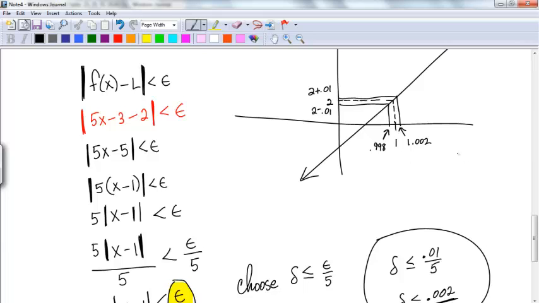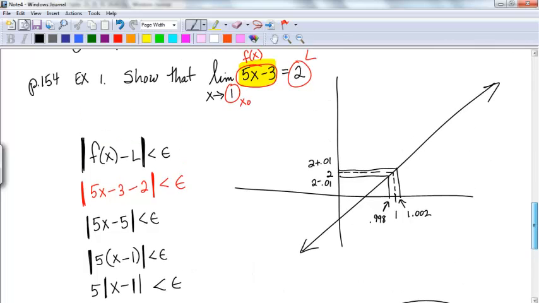Now check it on your calculator. Put it in on the calculator. Let's try it, if I figured that right. Graph the beginning function, 5x minus 3.